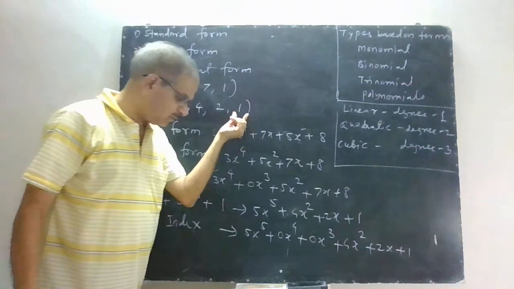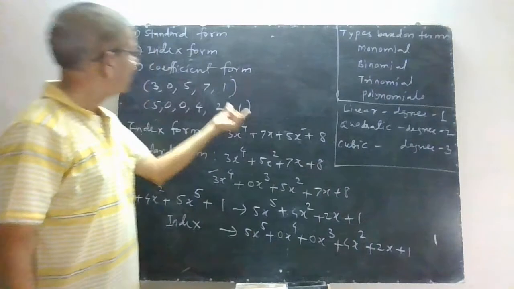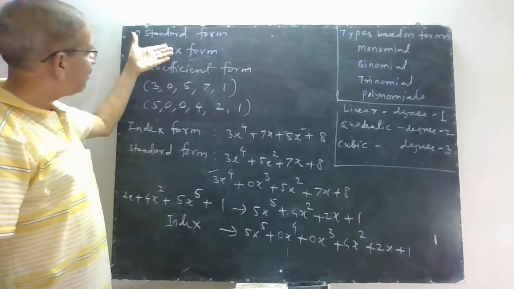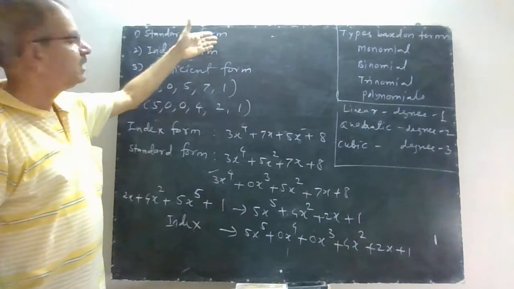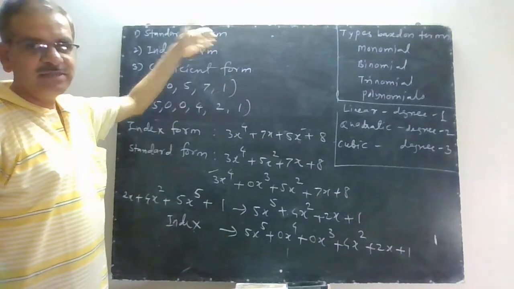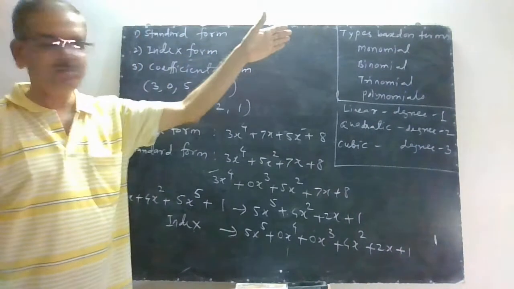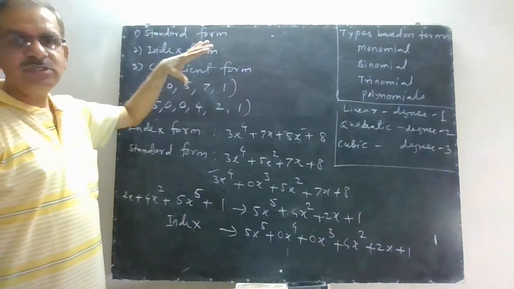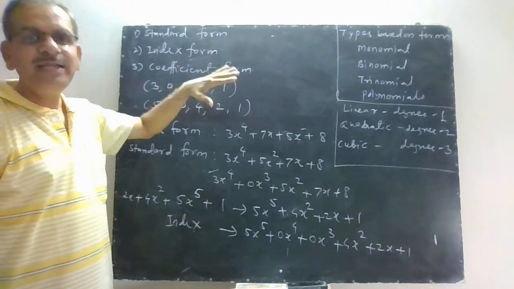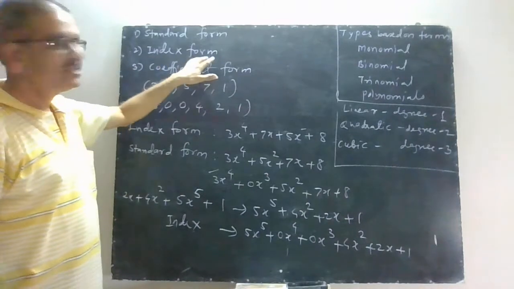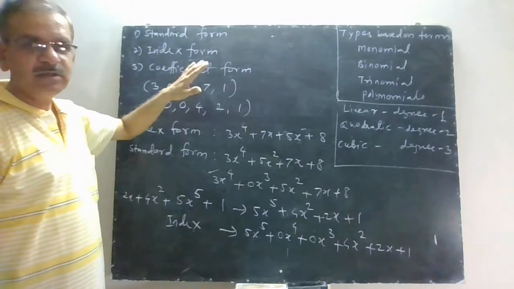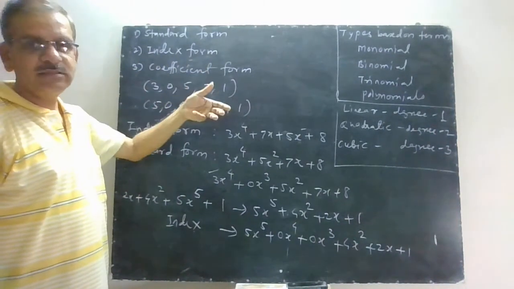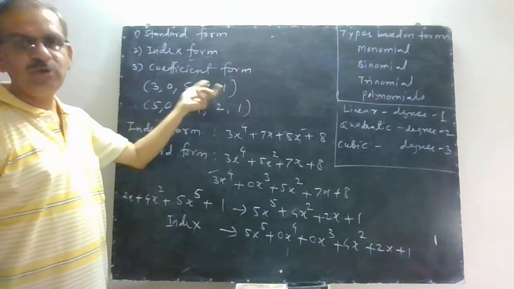Okay, so we have seen 3 forms of the polynomial. One is called the standard form, that means write down the terms in decreasing powers of x. While writing the terms, you write only those terms having non-zero coefficients. Now the index form means that where a term is absent, you write its coefficient as 0.